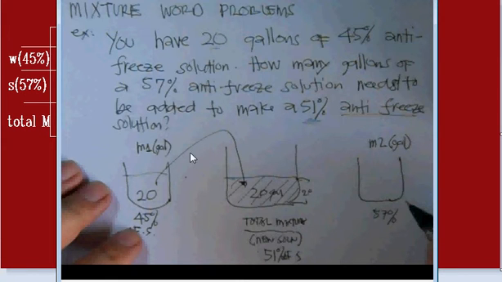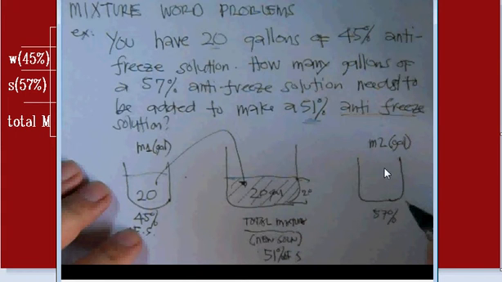So we have left from our discussion that a certain portion of the mixture, respectively 45% and 57%, is mixed. It was our presumption that it's mixed in one container, and the 20 gallons of 45% solution is being added to another solution, which is 57% anti-freeze solution.